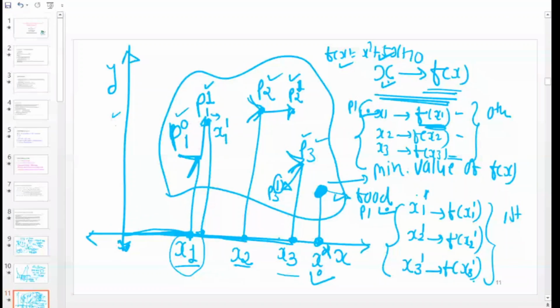Now compare this value and this value. Find out which one is minimum. Suppose this one is minimum, then the corresponding x value is known as the P best, or the personal best position.